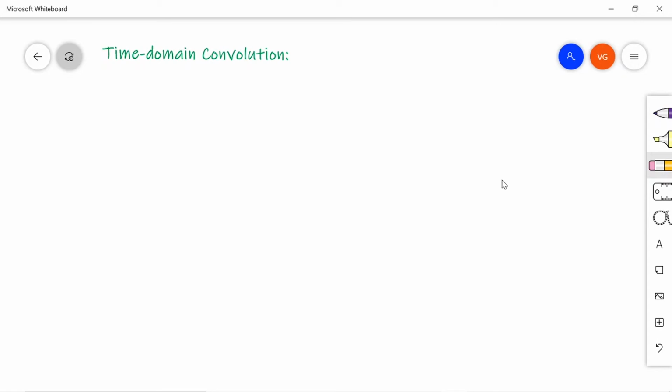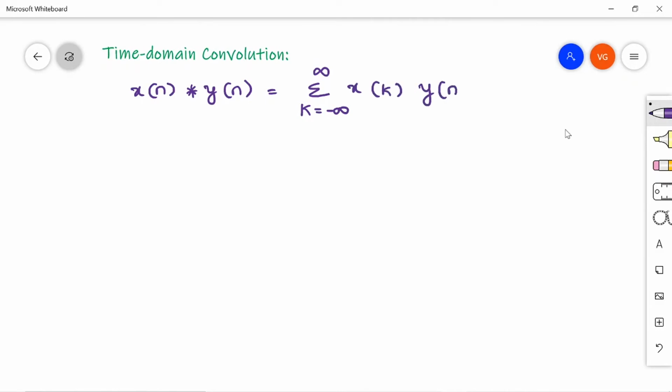Let us see time domain convolution, meaning the convolution in time domain, how it becomes in frequency domain or z domain. So let us take two signals x[n] and y[n]. The convolution of x[n] and y[n] by definition is given by sigma k running from minus infinity to infinity, x[k] y[n minus k].